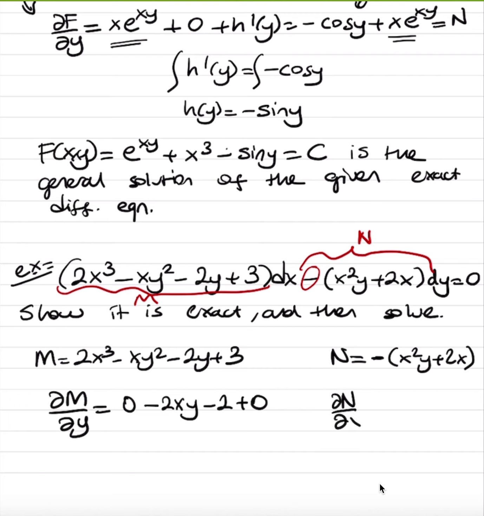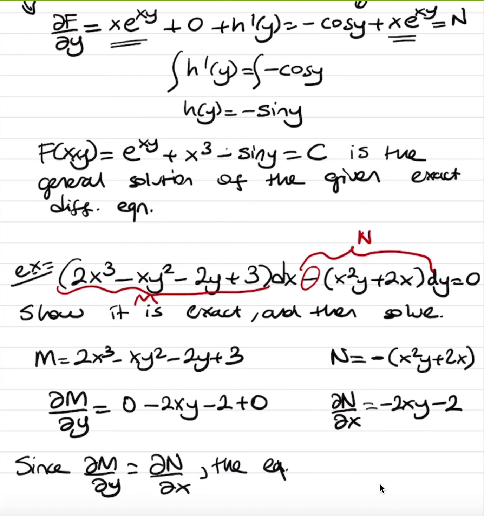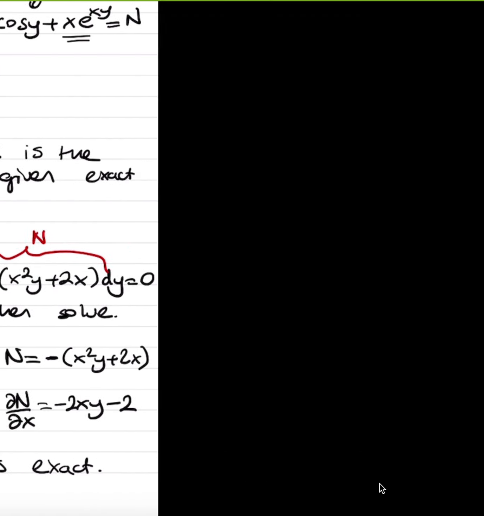The derivative of n with respect to x is minus 2xy minus 2x, so it is minus 2. So since del m over del y equals del n over del x, by the theorem the equation is exact. Great.